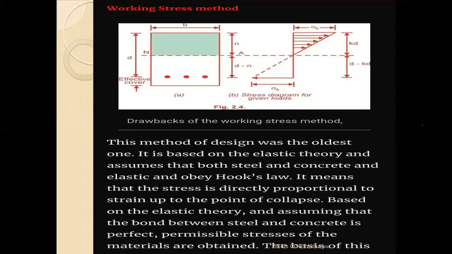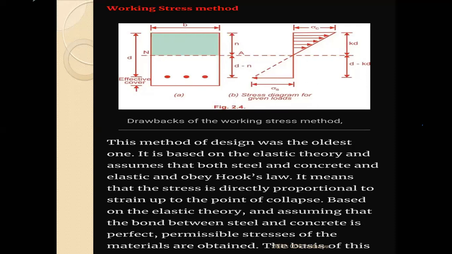You might know the stress strain curve for steel and the stress strain curve for concrete. The stress strain curve for steel is linear up to a certain point, and after that, you know there is a limit of proportionality, then upper yield point, lower yield point, then ultimate stress point, ultimate load point, and afterwards failure.